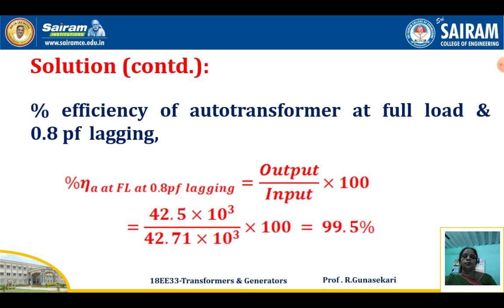Output is 42.5 kilowatts converted into watts, so 42.5 into 10 to the power 3 divided by 42.71 into 10 to the power 3, multiplied by 100, is equal to 99.5 percent.